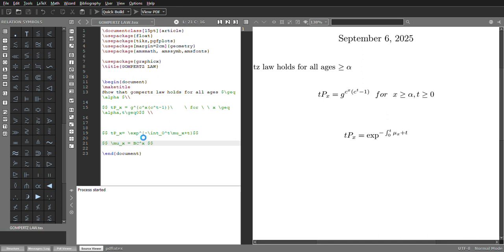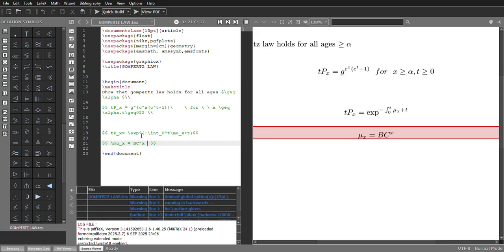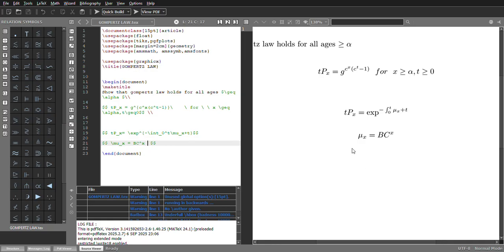So according to Gompertz law, the force of mortality is given by this.